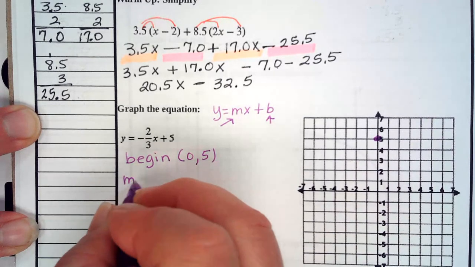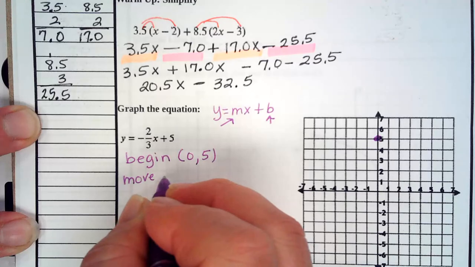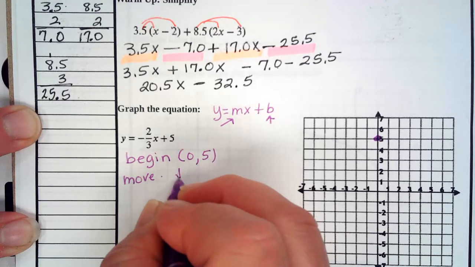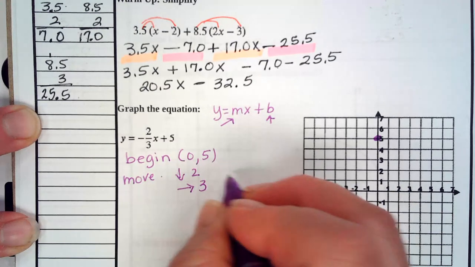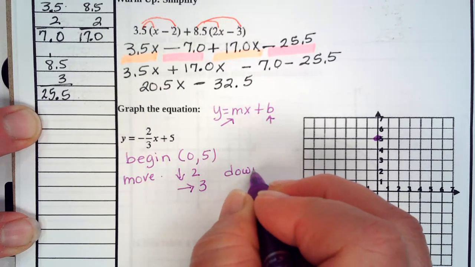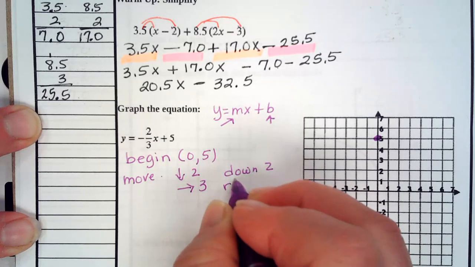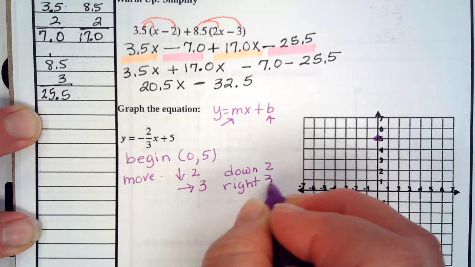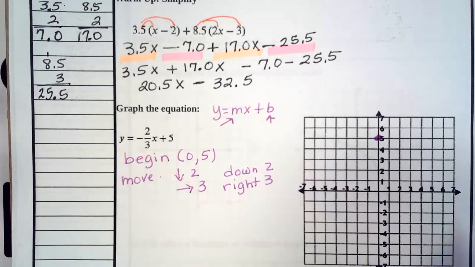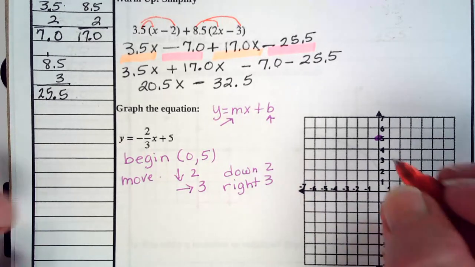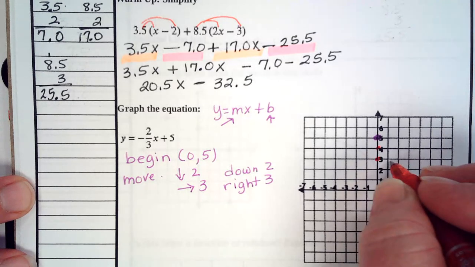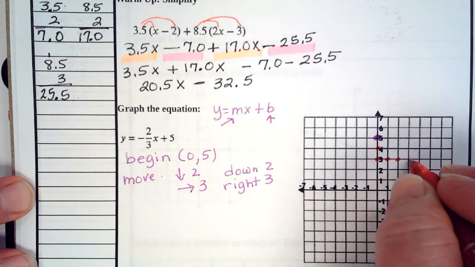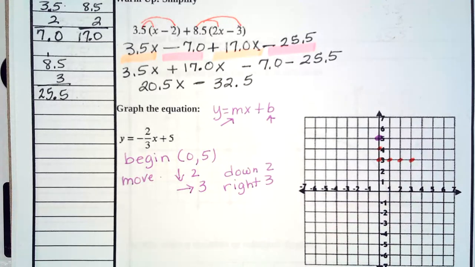I'm going to move down 2 and right 3. Where does that bring me? Down 1, 2. Right 1, 2, 3. Now I can draw my line and I'll be done.